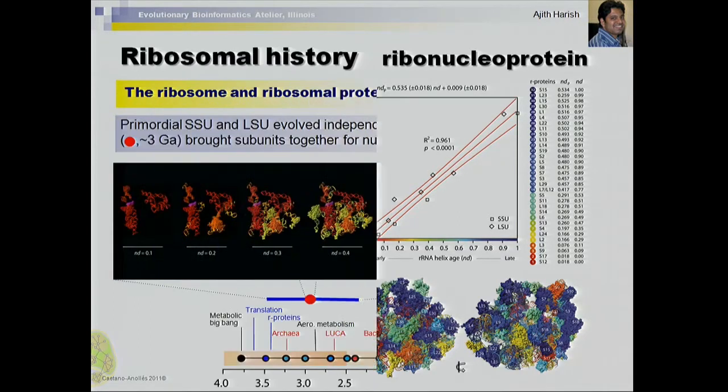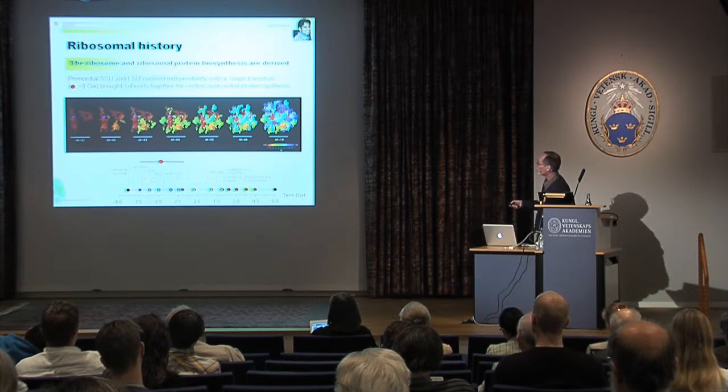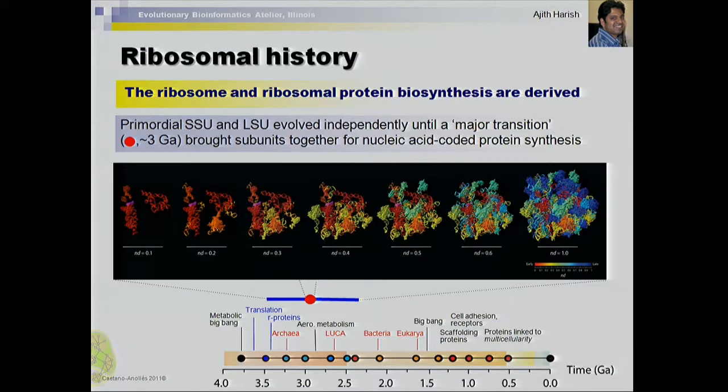So this slide summarizes that progression in evolution from the processivity center all the way to this stage where the two subunits come together to form an operating system that now has the PTC, the peptidyl transferase center, and then this proto-ribosome continues to grow all the way to its mature form.